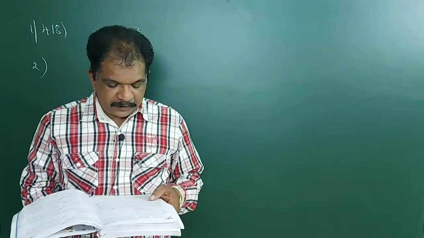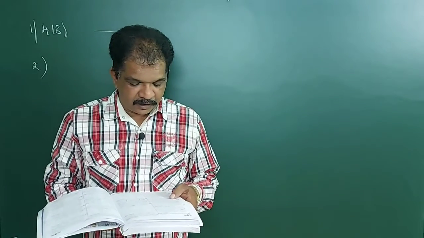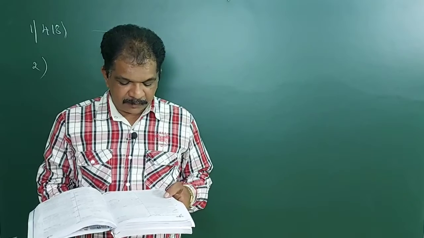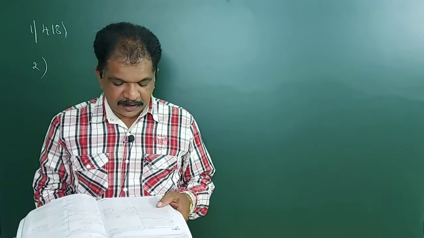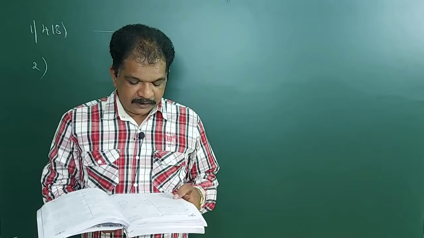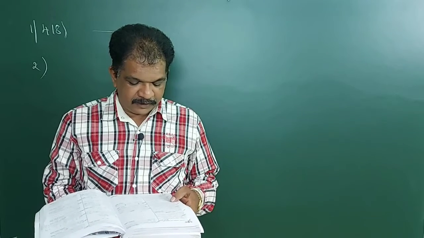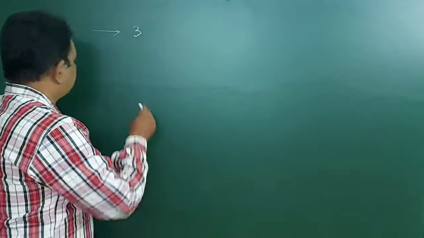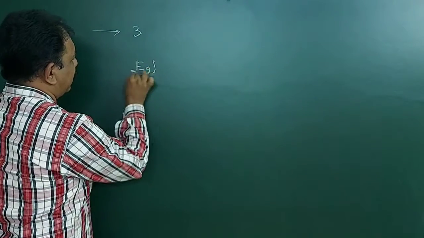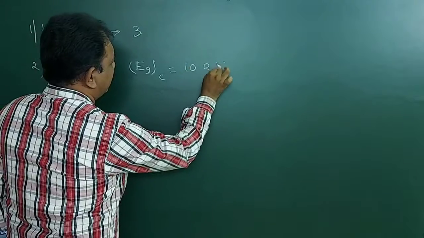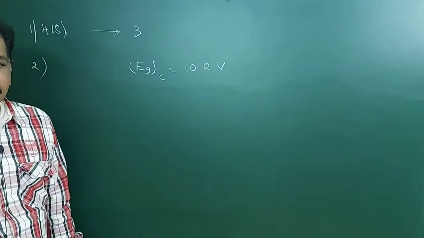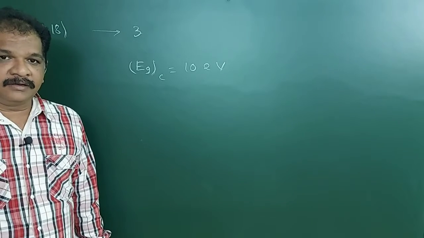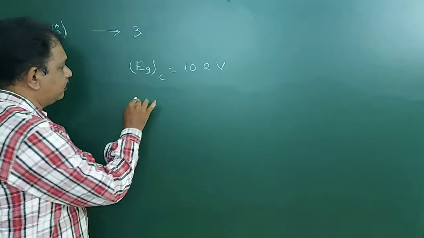Next. Carbon, silicon, germanium atoms have 4 valence electrons each. Valence and conduction bands are separated by energy band gaps Eg of C, Eg of Si, Eg of Ge respectively. Which relationship is correct? If you take carbon, its energy gap is around 10 electron volt. Carbon is an insulator. For insulators, the forbidden energy gap will be 10 electron volt.